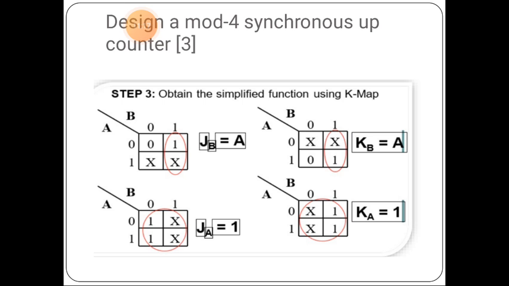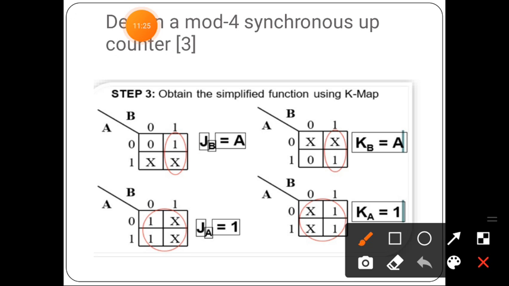So the third step is to obtain the simplified function using the K-map. Here there are two inputs, A and B. The Karnaugh map contains 4 cells.